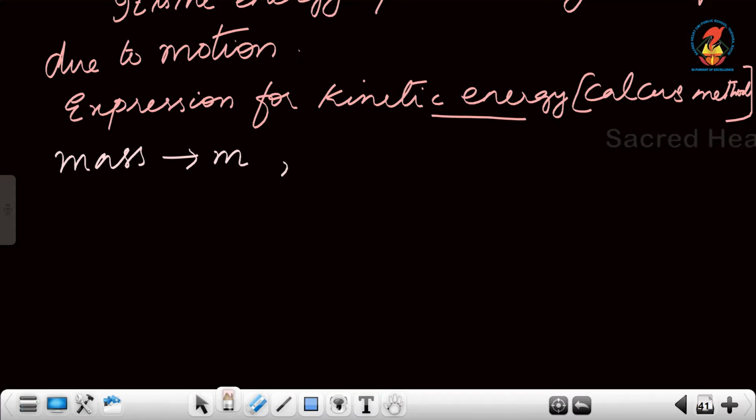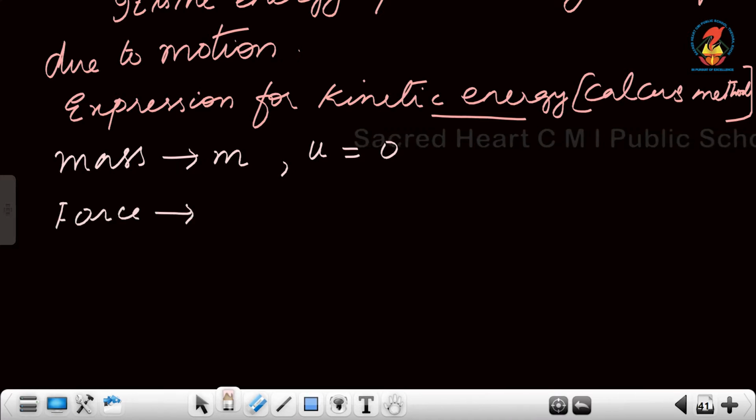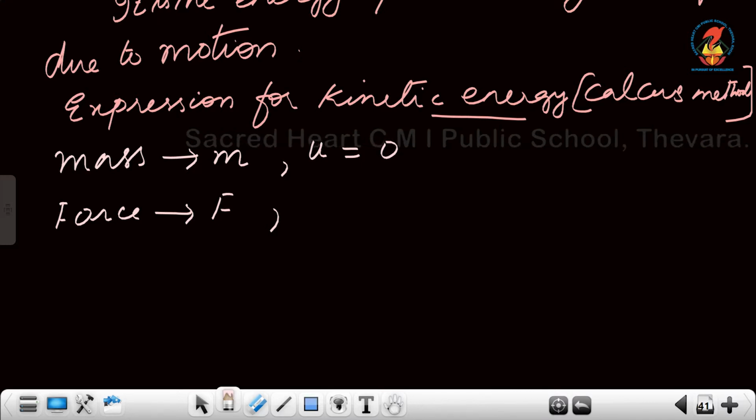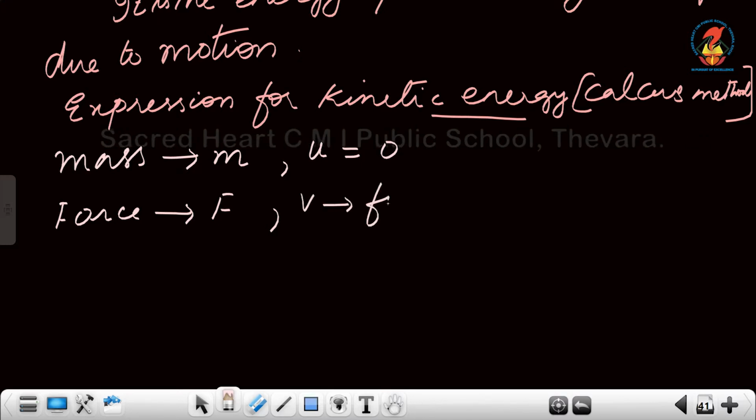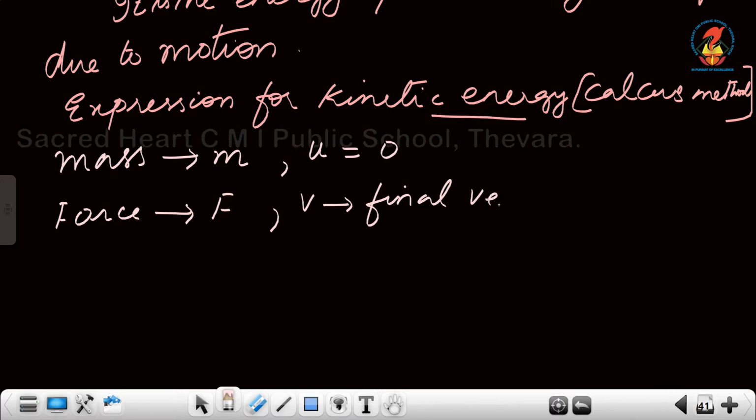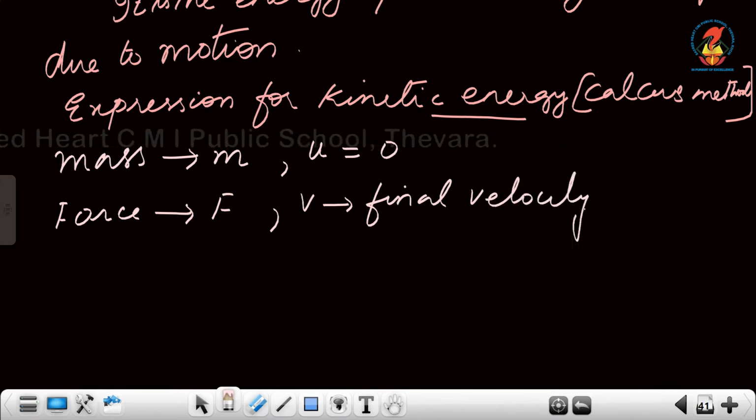which is initially at rest, which means u is equal to 0. Let a force F be applied on the body. What happens? The body starts to move and attains the final velocity v. Initially, the body is displaced through a small distance ds.